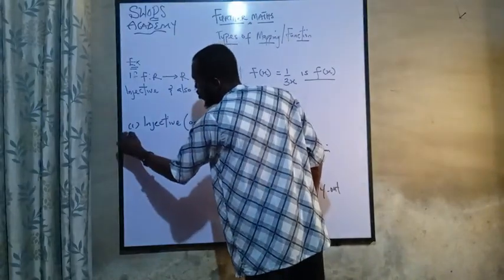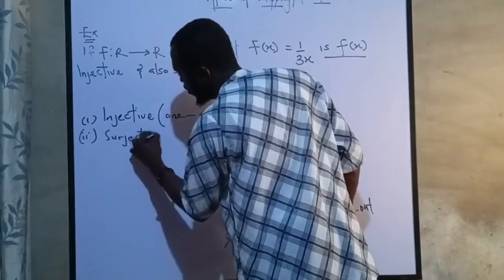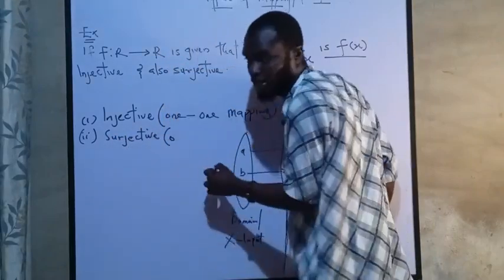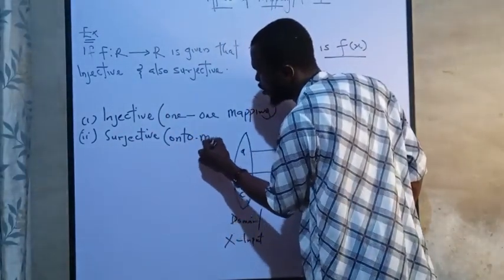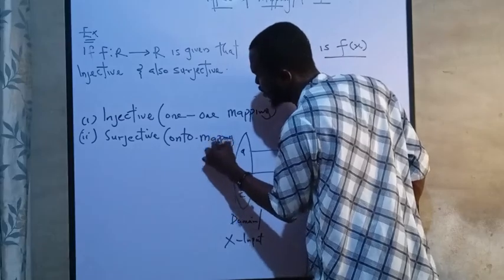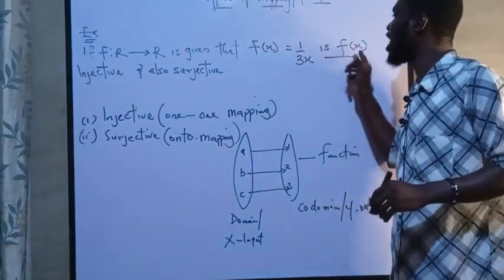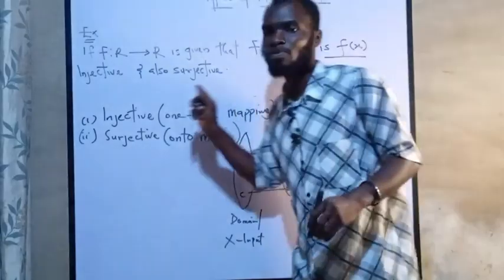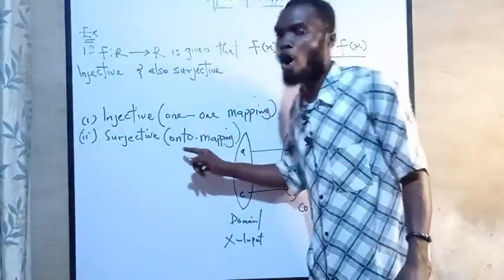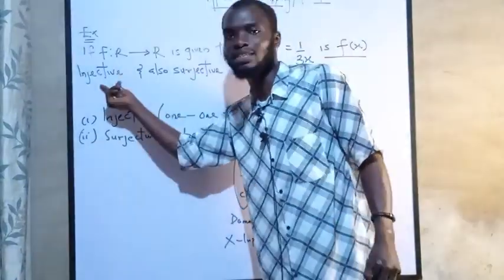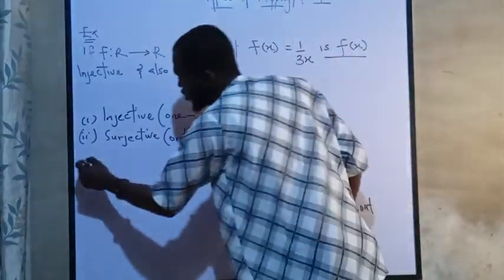Then the second one, we have surjective. Another name we call it is onto mapping. So they can reverse this question by saying, is f of x one-to-one or onto mapping? It's still the same thing as injective and surjective. Are we together? Let's take note of that.